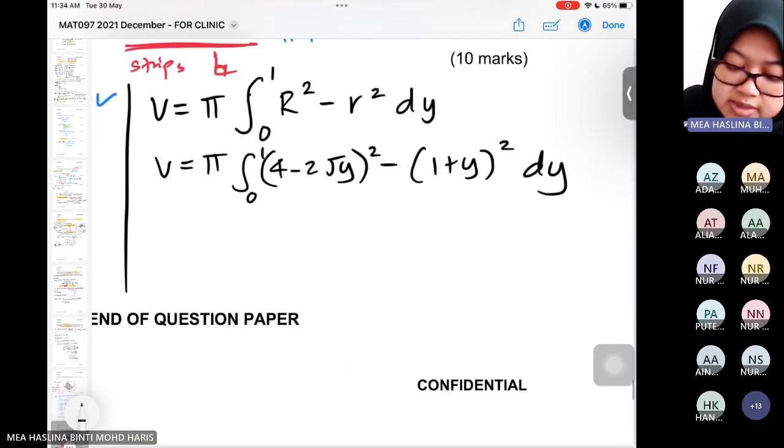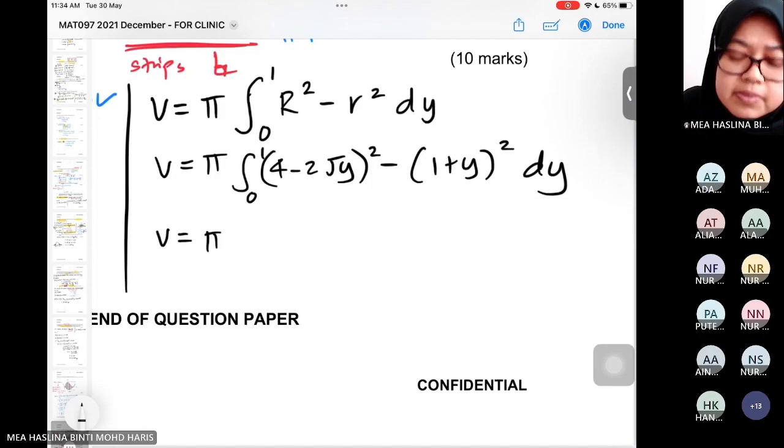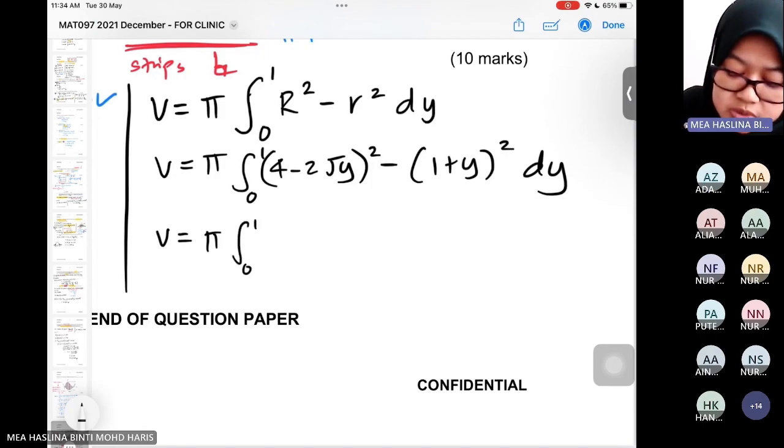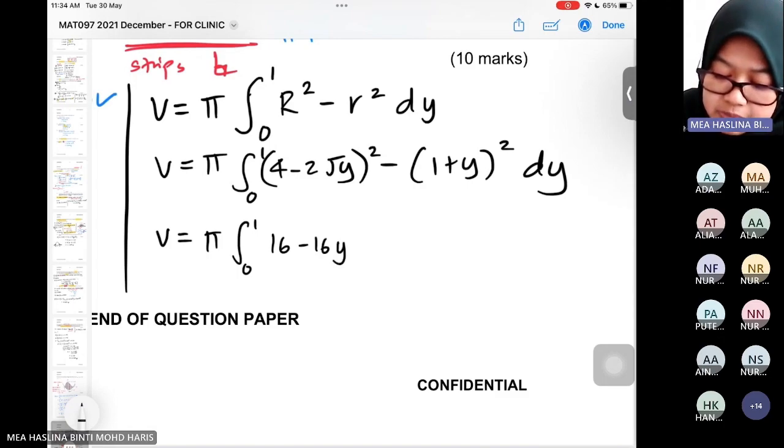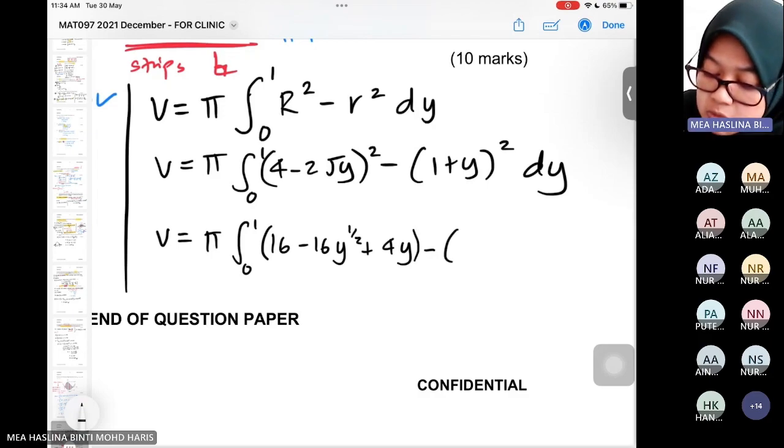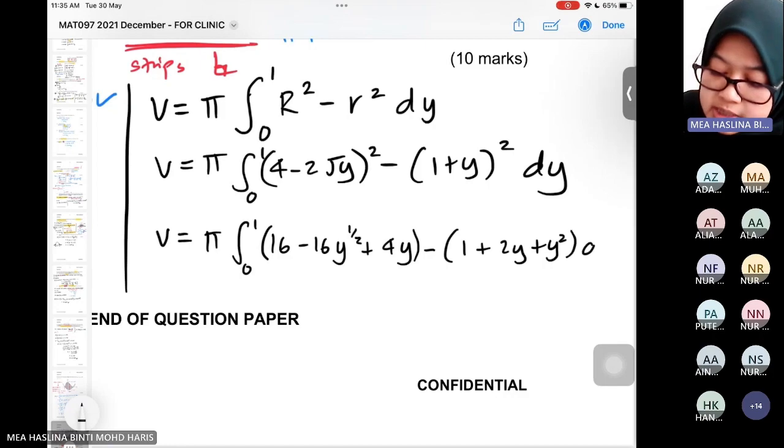Here you have to identify how to integrate. You need to expand first: 16 minus 16y to the power of 1 over 2 plus 4y, minus (1 plus 2y plus y square) dy.